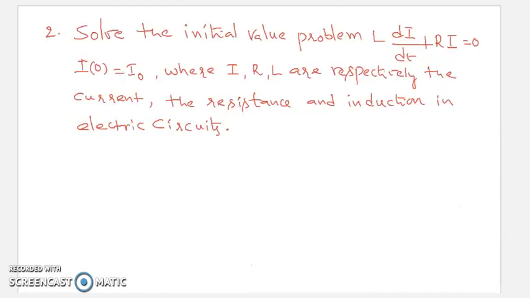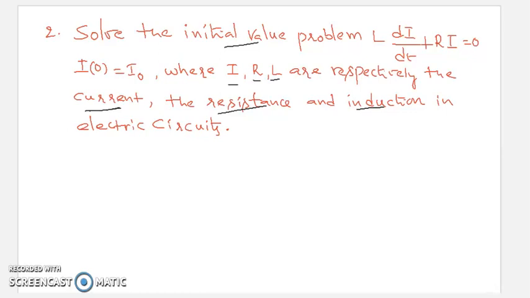Second problem. Solve the initial value problem L di by dt plus Ri is equal to 0, where we denote I of 0 is equal to I naught. Here I, R, and L are respectively the current, resistance and inductance in the electric circuit.